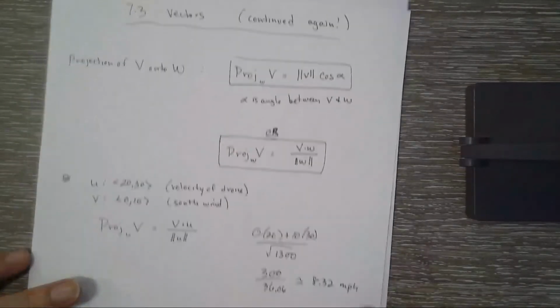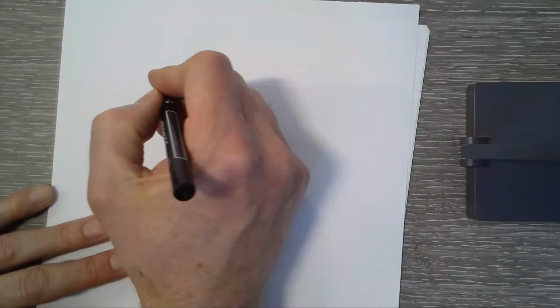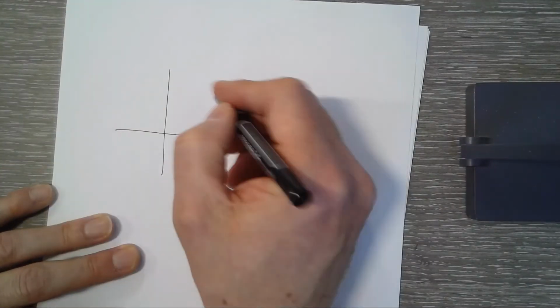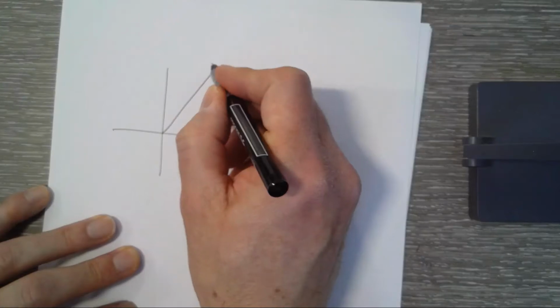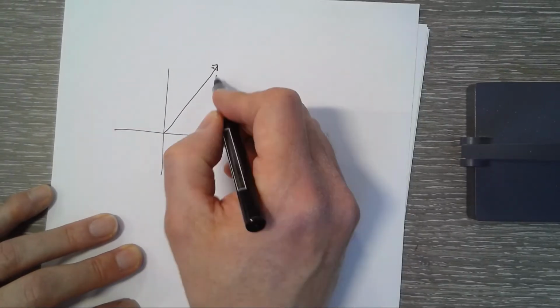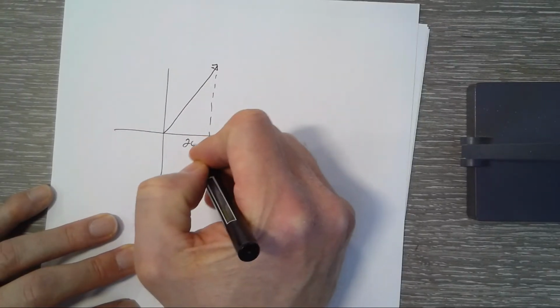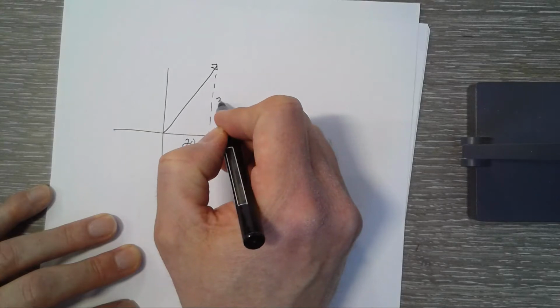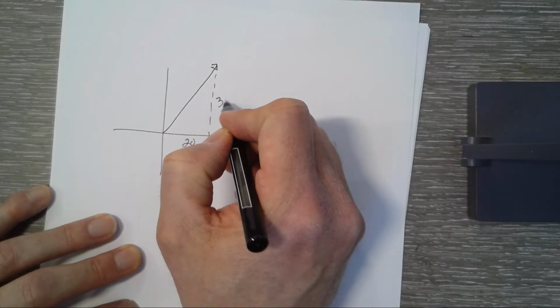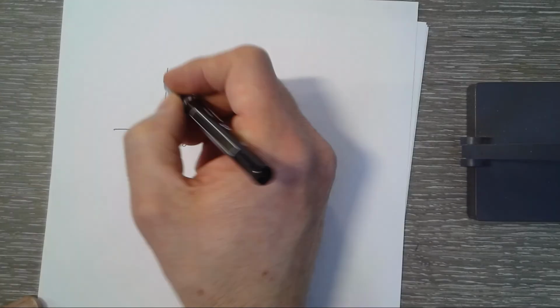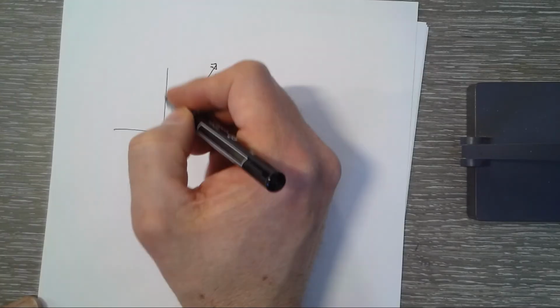Geometrically, we could figure that out by setting up a graph. 20, 30, say it looks like that. And then we've got the 10. So like that.